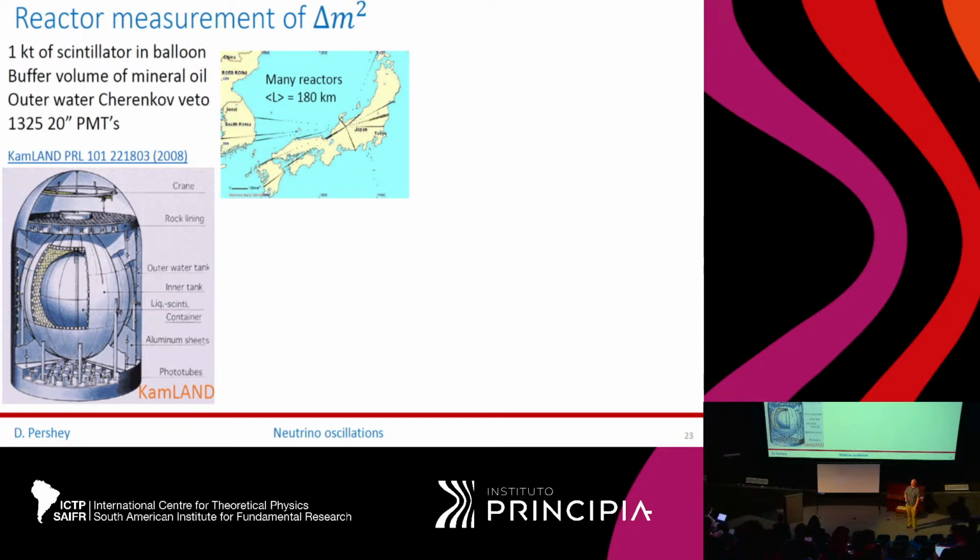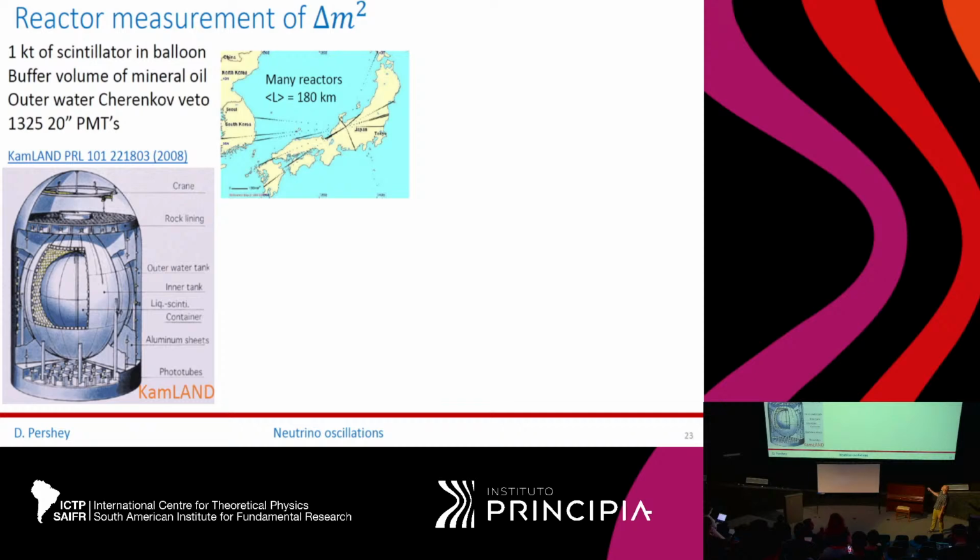The way to fix this ended up being the KamLAND experiment. And so this was sort of a clever idea. You basically just have a liquid scintillator detector that is looking for reactor neutrinos in Japan. In Japan, there's a ton of reactor neutrinos, but they're all sort of centered in populated areas, which are like here along the coast.